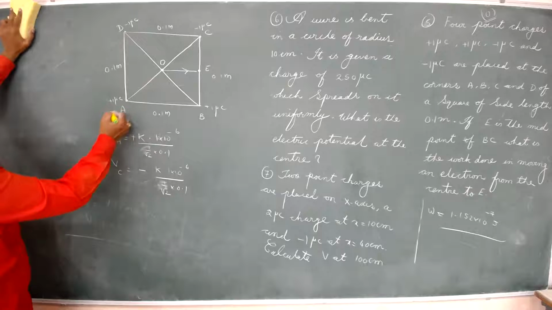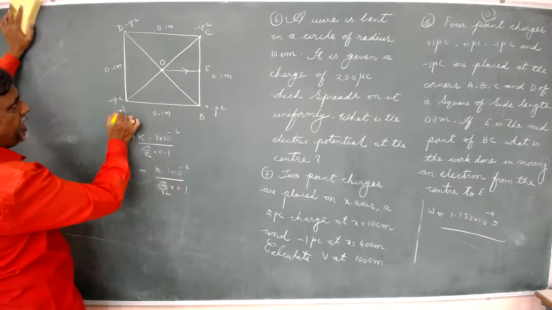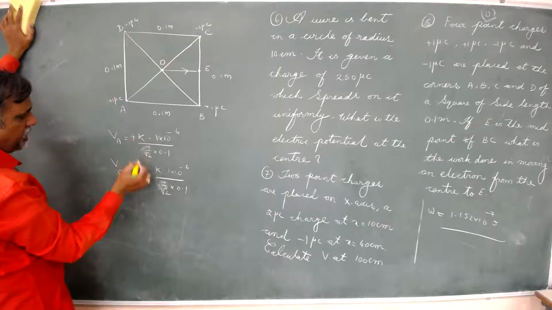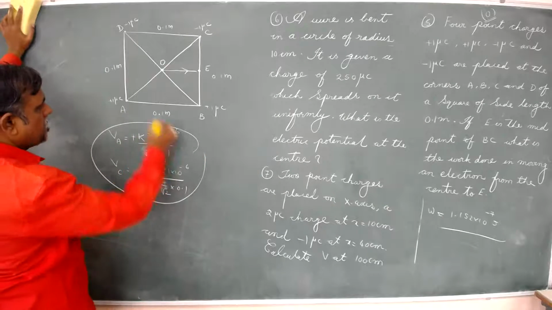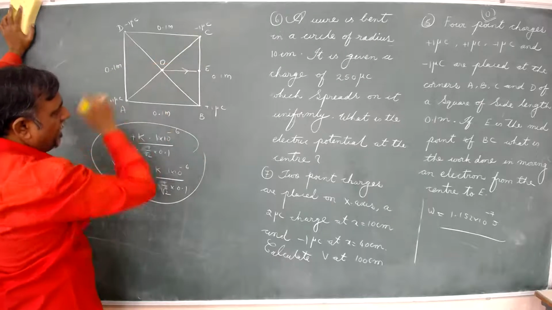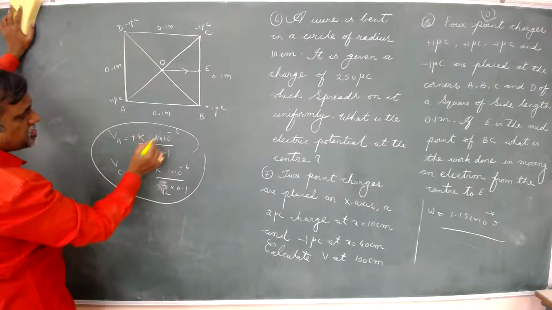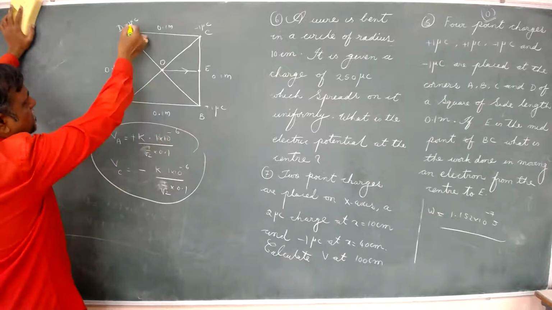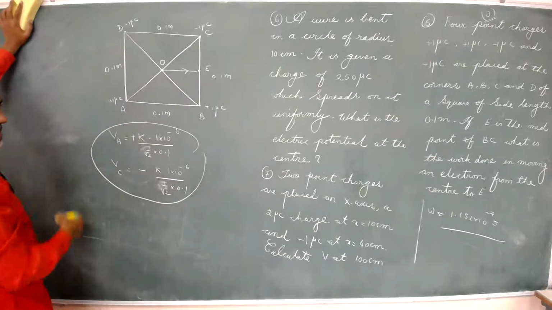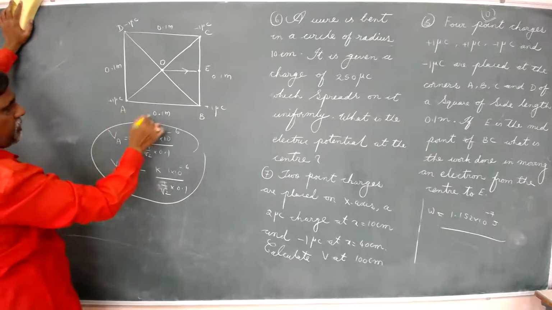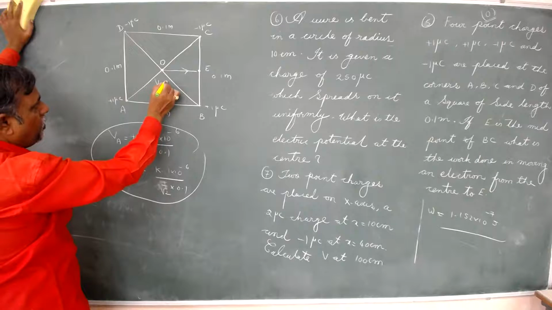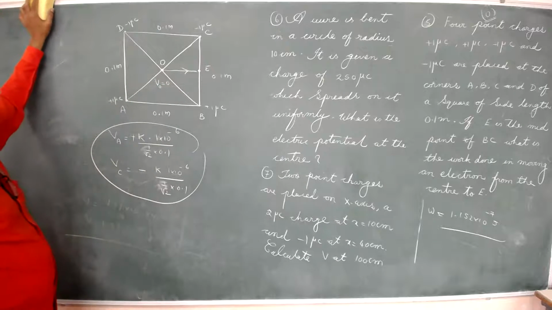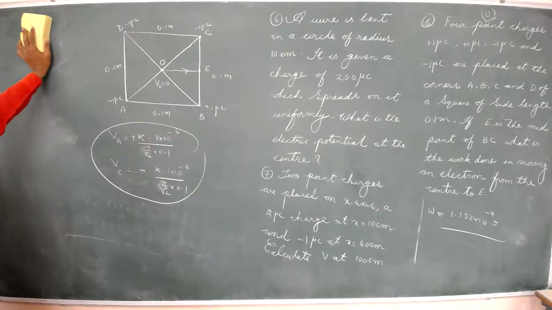Now if you take the total of these two potentials, VA and VC, one is positive and the other is negative, so they get cancelled out. The potentials due to the other plus 1 microcoulomb and minus 1 microcoulomb also cancel out. Therefore, the potential at O is 0.